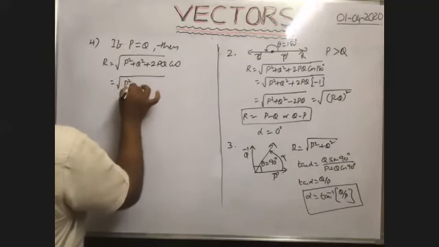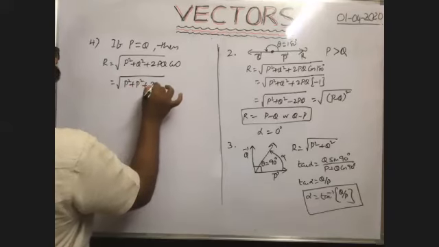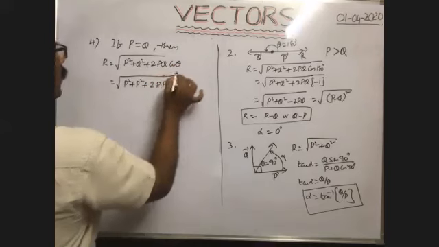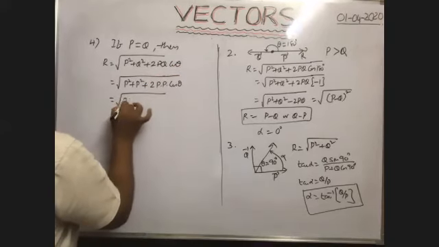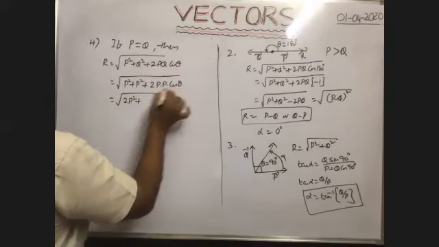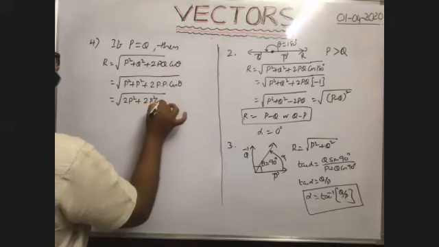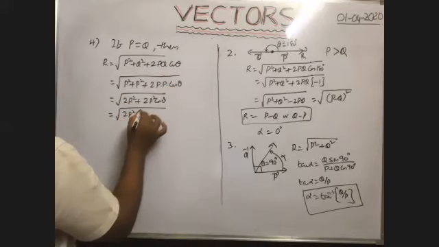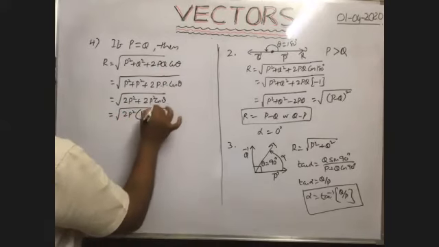So P square plus P square plus 2 into P into P cos theta, which is square root of 2P square plus 2P square cos theta. You take 2P square common, leaving 1 plus cos theta.